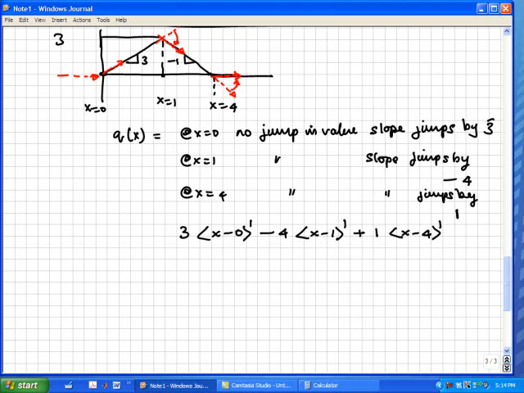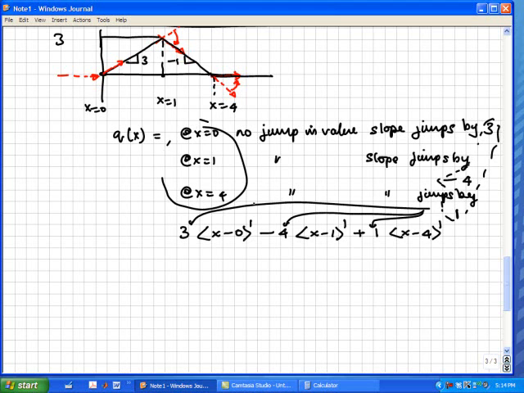So these 3 numbers show up here, here, here.